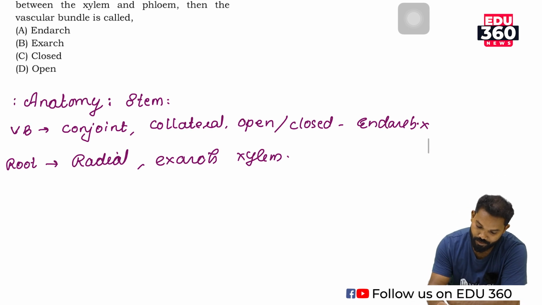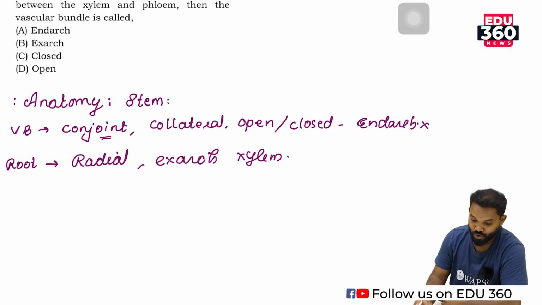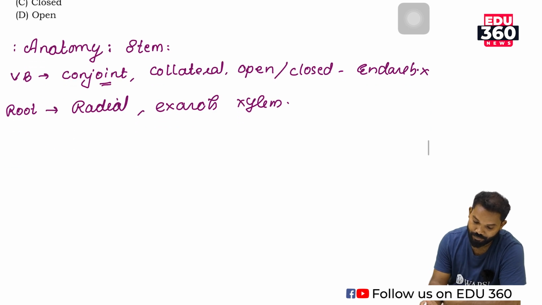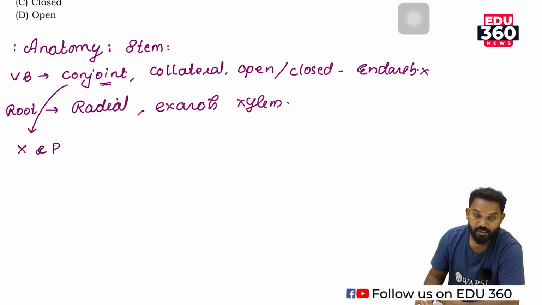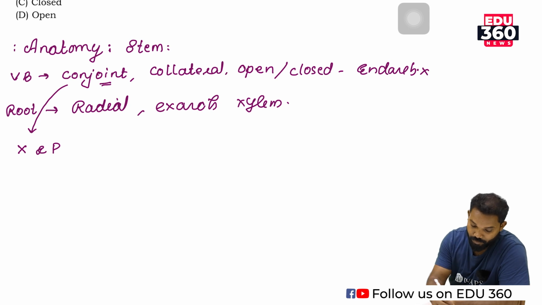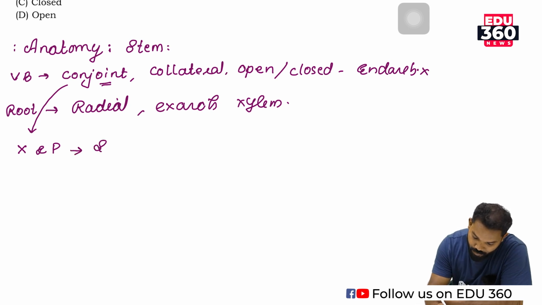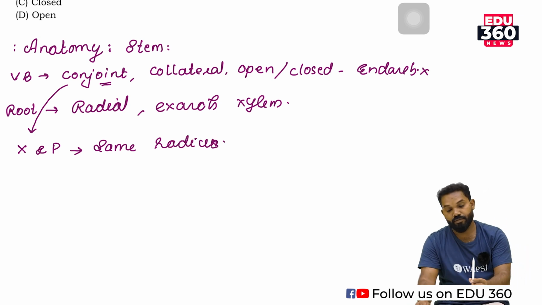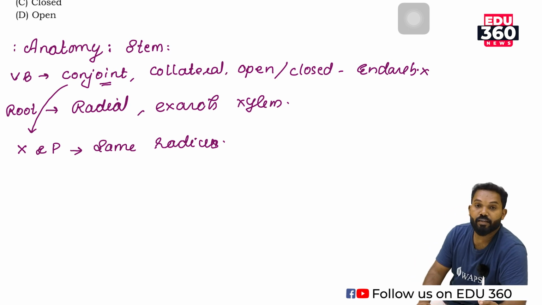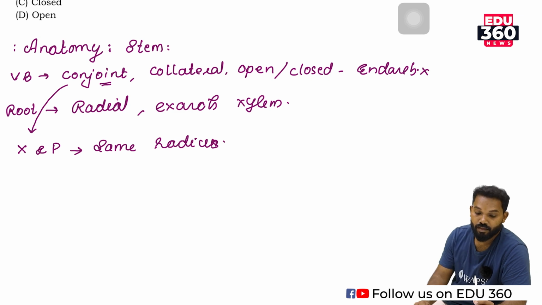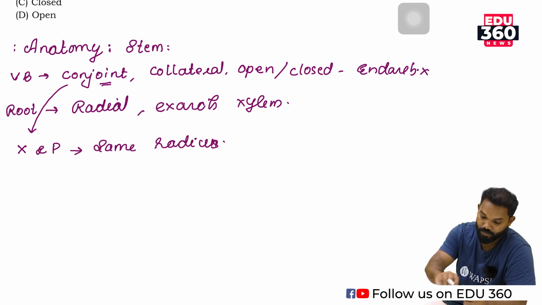What is conjoined? In a conjoined vascular bundle, xylem and phloem are arranged in the same radius. When we take a cross section of a stem, it is circular in nature.